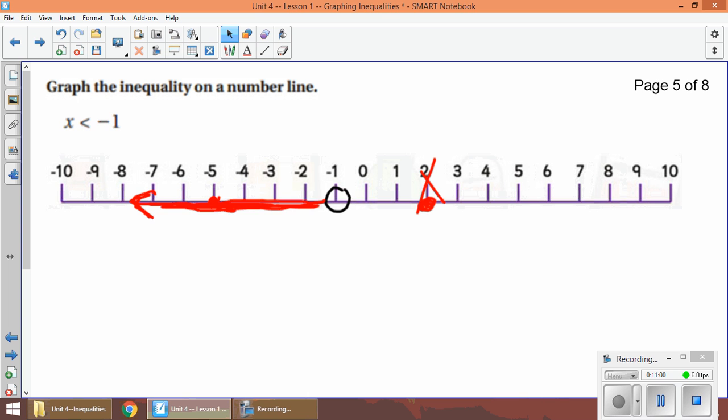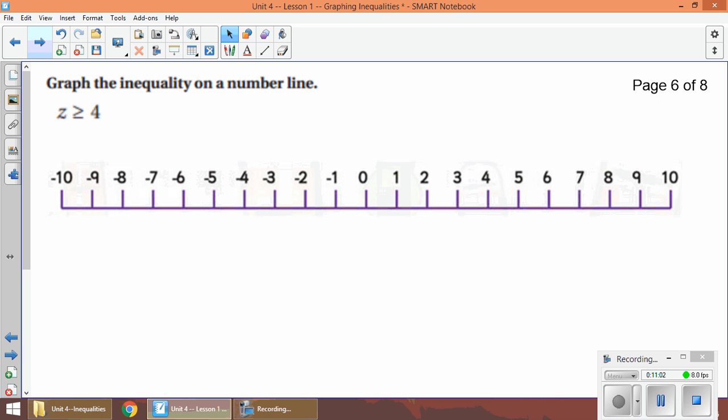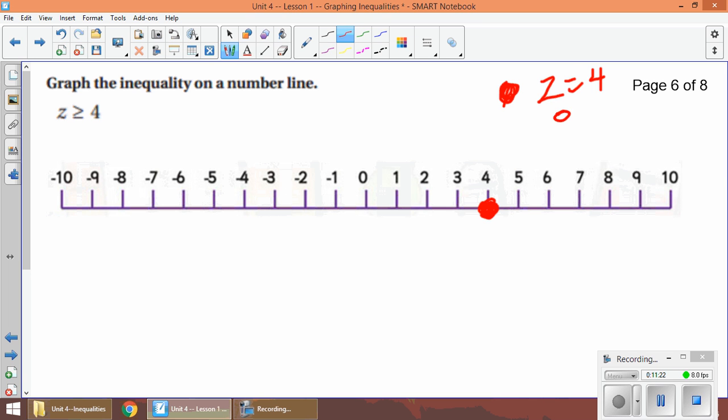All right, let's go to the next one. This says z is greater than or equal to 4. So do you notice the or equal to part? So when I go to 4, I'm going to use what's called a filled in circle. I'm going to use a filled in circle because z could equal 4 or anything larger than 4.